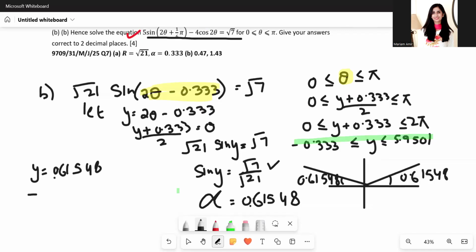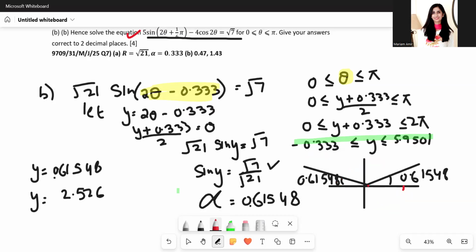So y equals pi minus 0.61548. That's 2.5261. I don't think we have any other angle in the domain because the next angle would be greater than 2 pi, which would be greater than 5.9. And on the negative side, this angle would be way bigger than minus 0.333. So these two are the values of y.